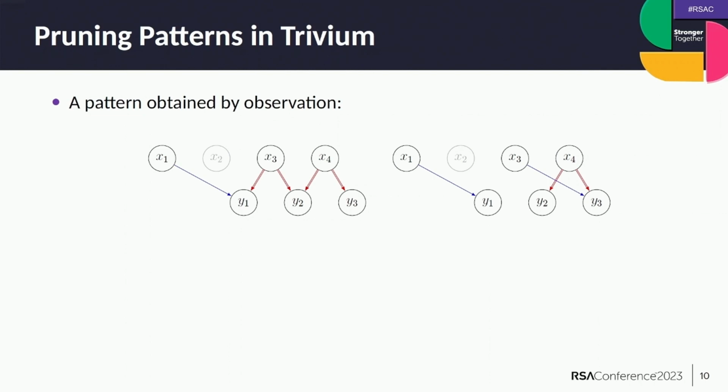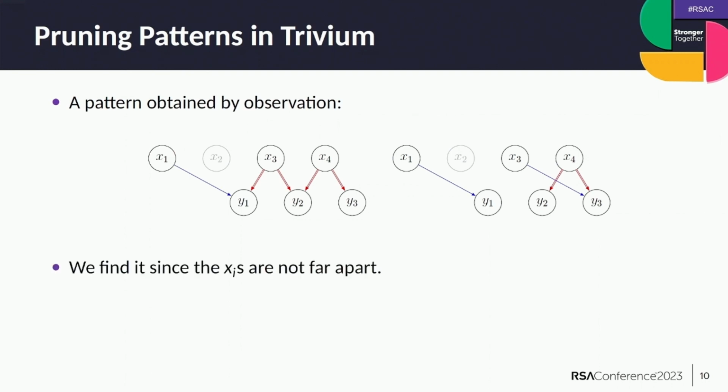Both of these subtrails start from x1, x3, and x4, and end at y1, y2, and y3. It is obvious that these two subtrails will lead to an even number of identical monomials.